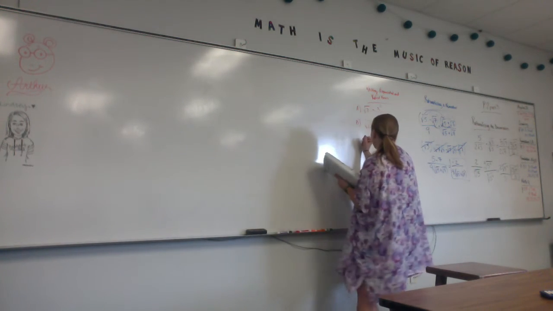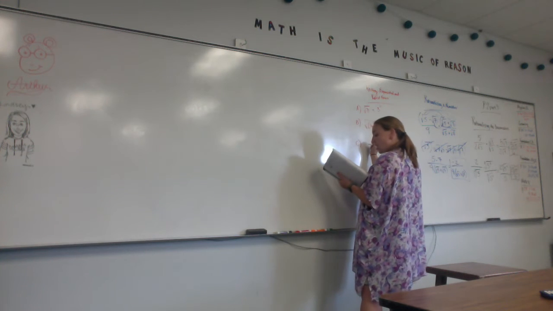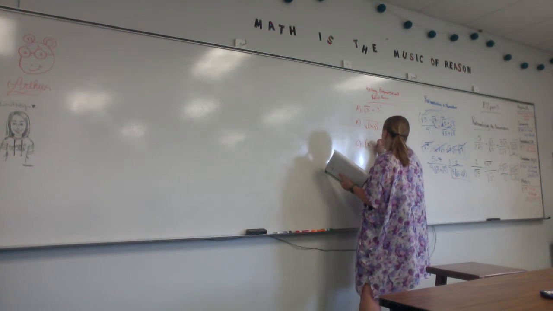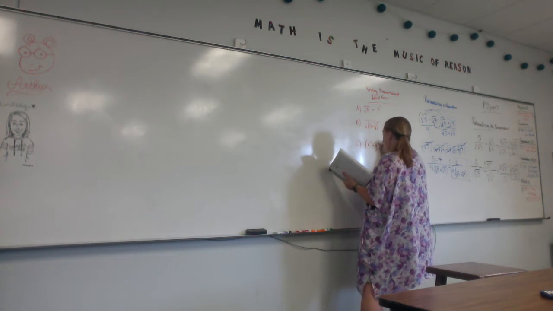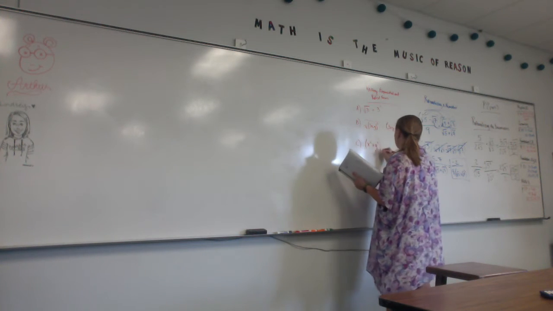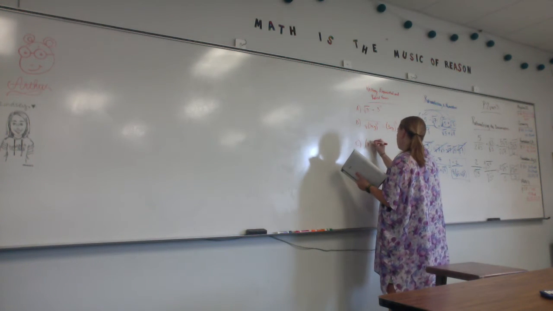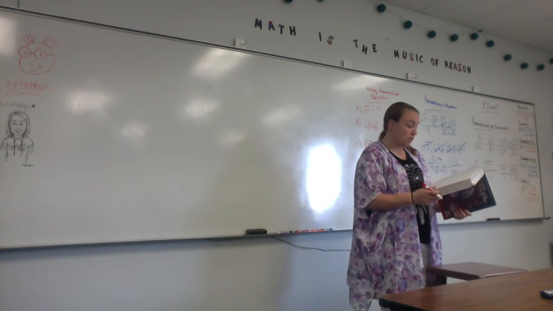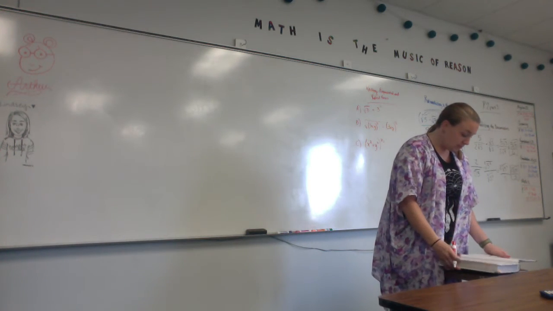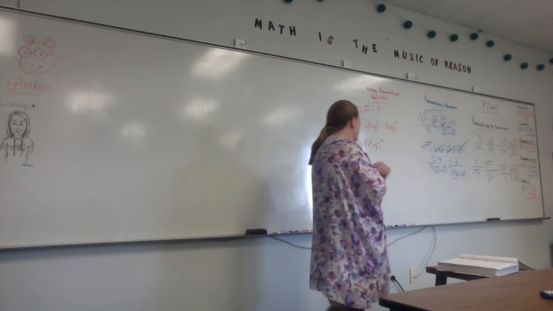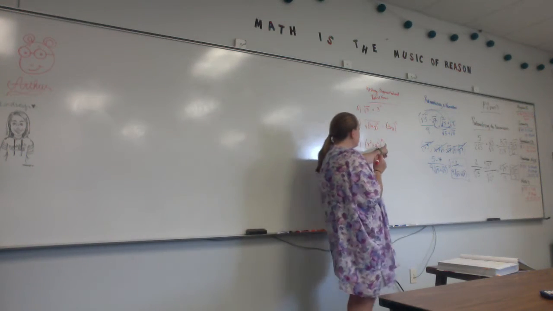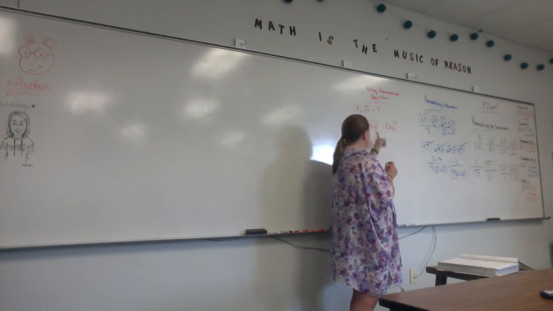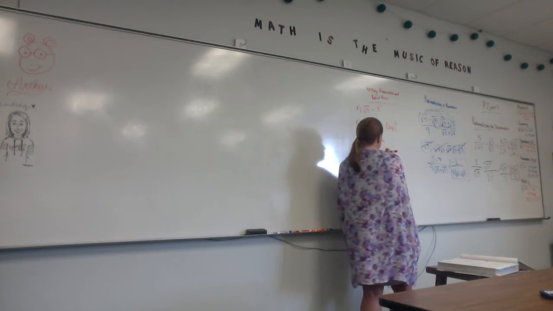What about this one? X squared plus y squared to the 3 halves. This time, they want you to change it into radical form. This is a curveball. This represents the square, so I know I'm taking the square root of this.